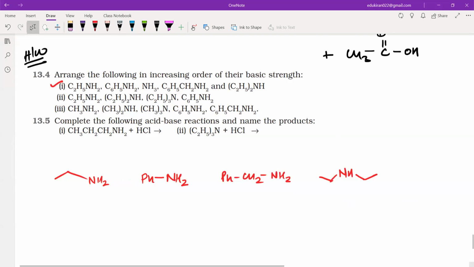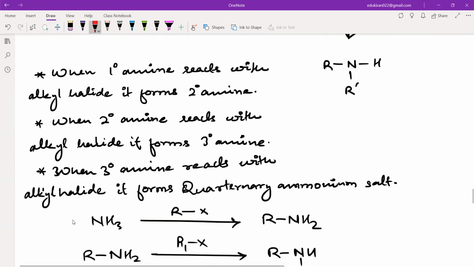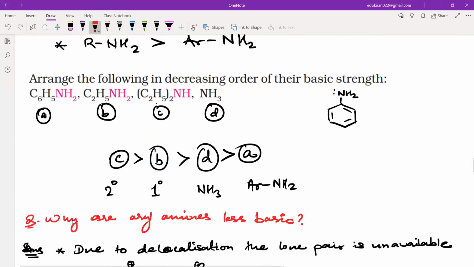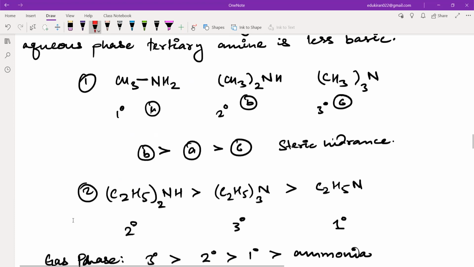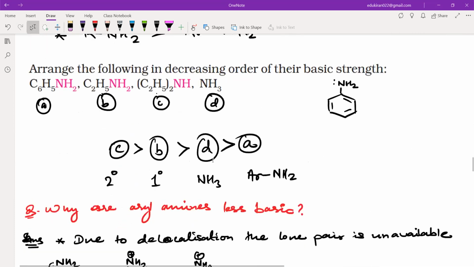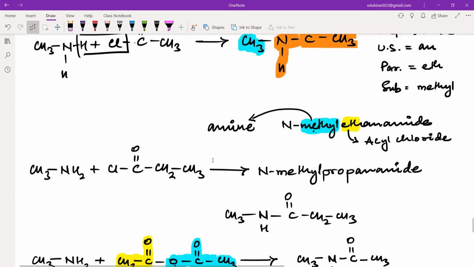Yes, now you can try. Others can also try. In the last class, we did this, no? Basic nature. In basic nature, we have given some order of basicity. So refer to your notes and maybe try, and you can send the answer in chat.